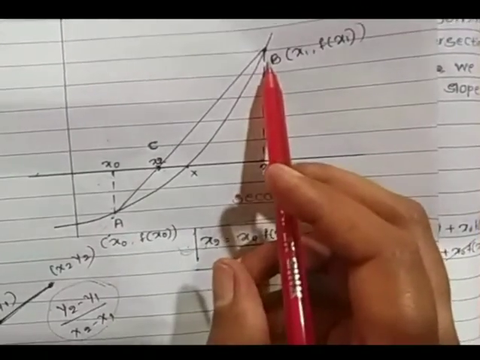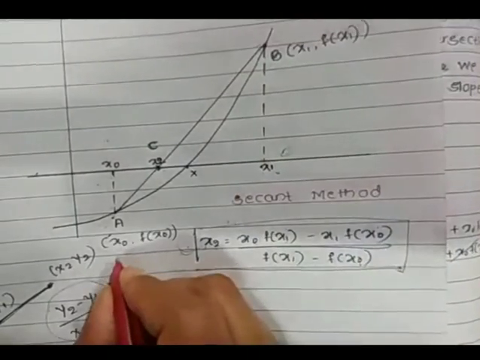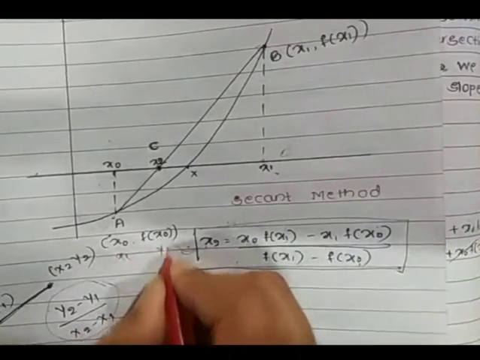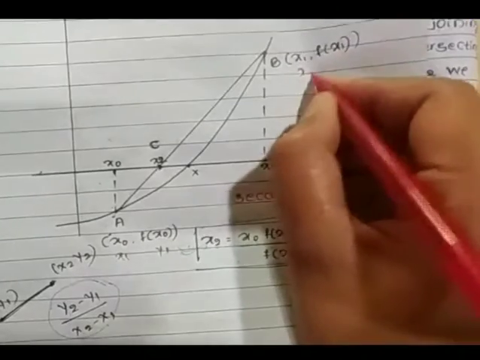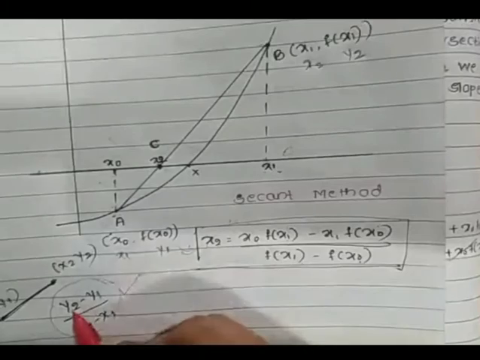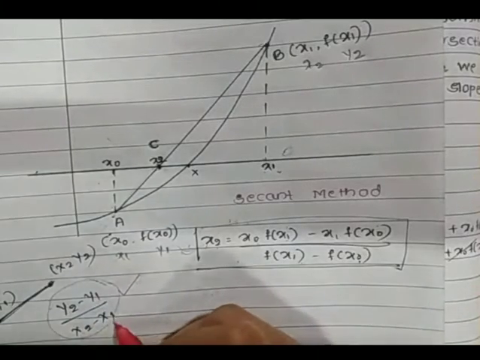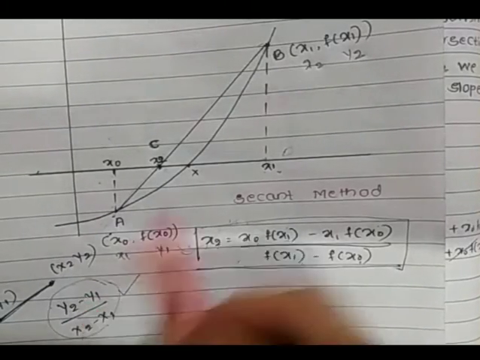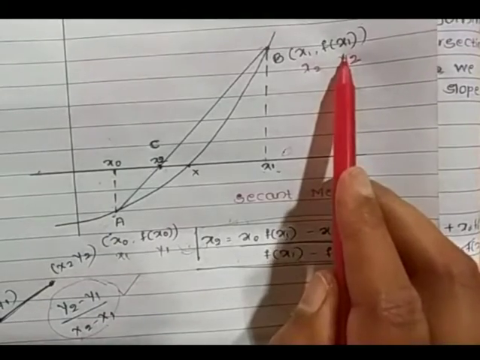AB line slope we are calculating, then you can consider this as x1 y1 and this as x2 y2. According to the formula y2 minus y1 divided by x2 minus x1, y2 is what? Y2 is f of x1.